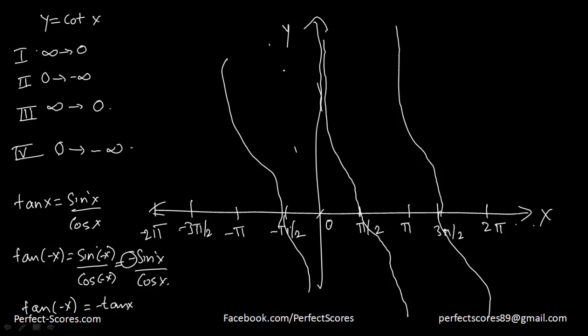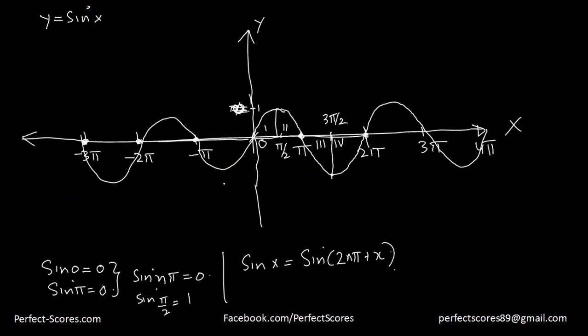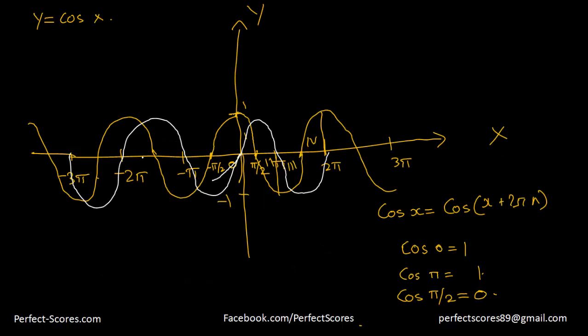So I suppose you're understanding all the graphs over here. We started with the sine graph, which goes from 0 to pi, and from pi till 2 pi, it goes like this. The cosine graph goes from pi by 2 till negative 3 pi by 2, or pi by 2 till positive 3 pi by 2, and so on.